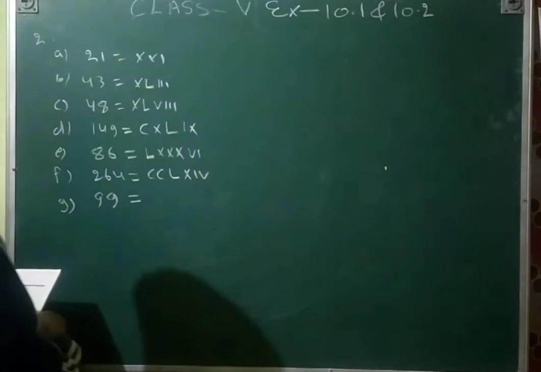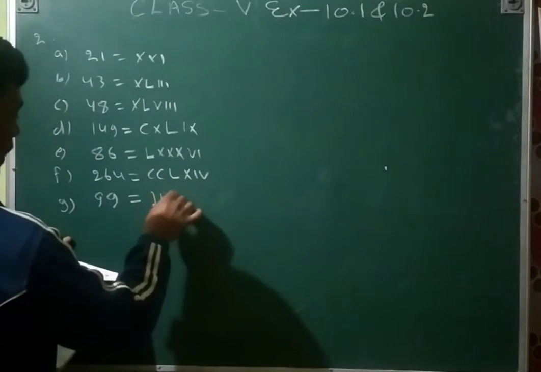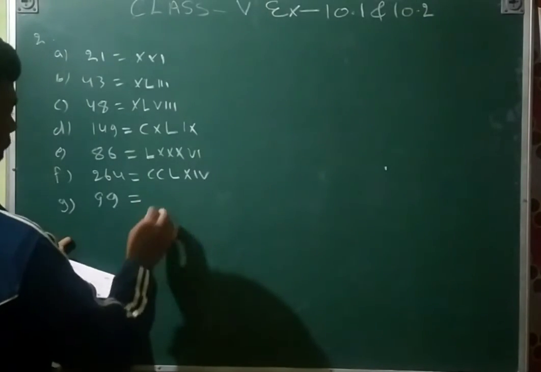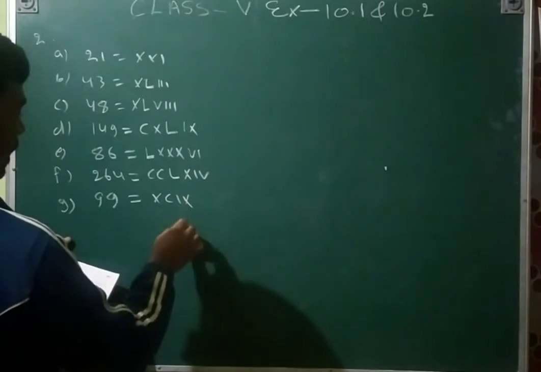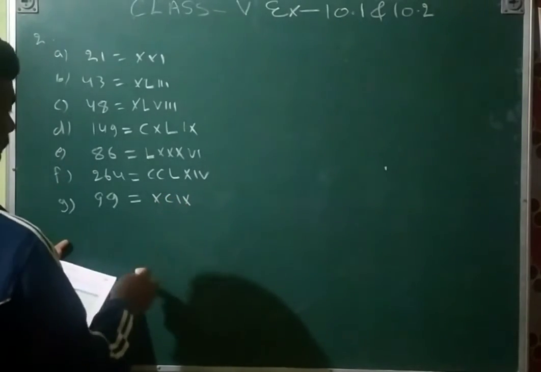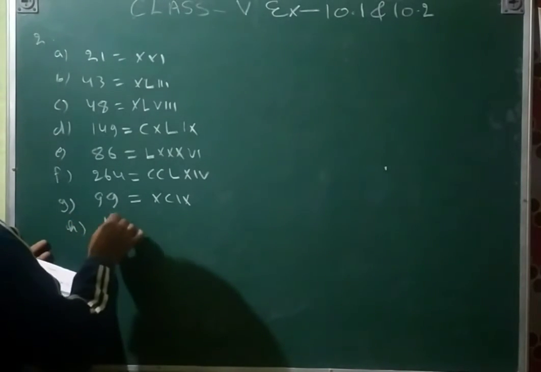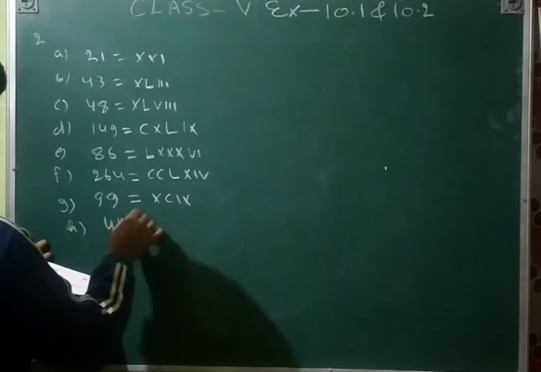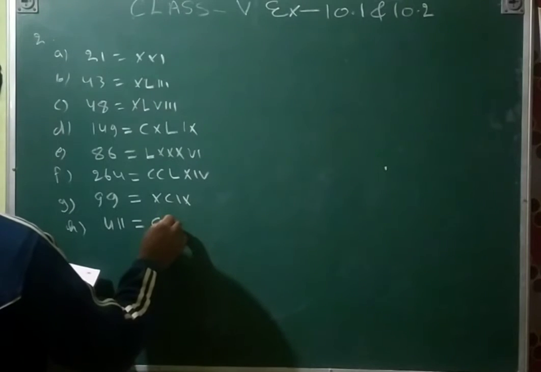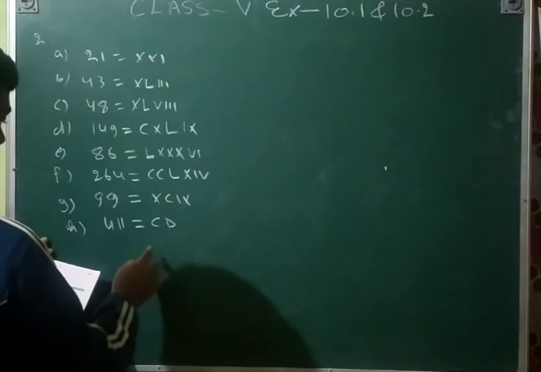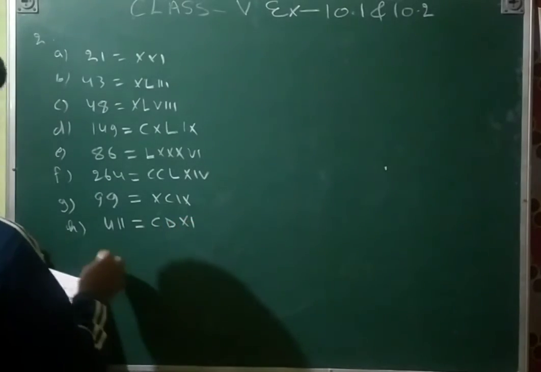You can write that IL, not it is not looking good, so that is IC, and then IX, that is 90 and that is 99. H part, 411. 411 means first of all CD, that is 400 and then 11.